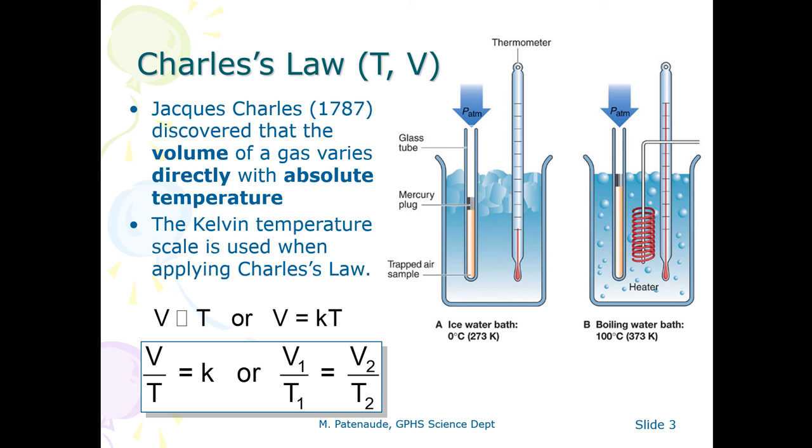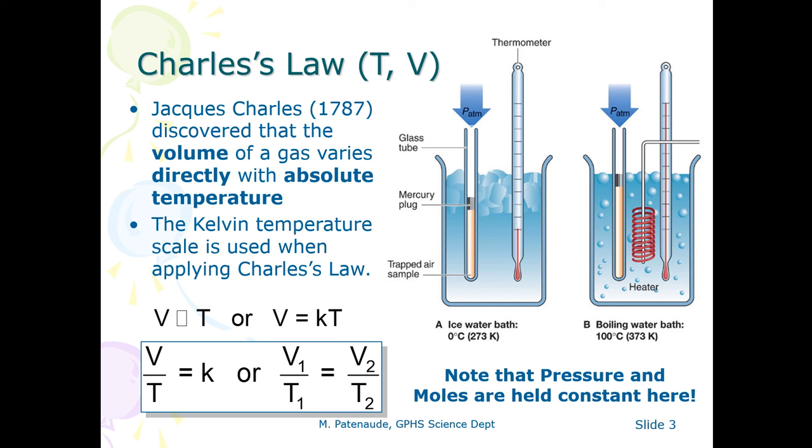If you rearrange the equation for K, you'll get K is equal to V divided by T, which means the quotient, V over T, is constant. So therefore, V1 over T1 will equal V2 over T2. And that's true if pressure and moles of gas are held constant.